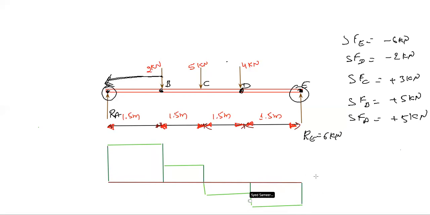All the lines are parallel, none of them is inclined. Here you need to mention the values. It is 5 kilonewton over here. Here it is 3 kilonewton. Here it is how much? It is 2, right? From here to here it is 6. Here it is 6. Okay, this is how it looks like.